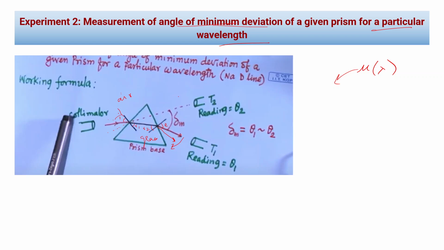When we reach this position, we have to note it down, and after that we remove the prism and note the direction of the incident light. The difference between these two angles will give us the minimum deviation. So this was what we had to do in this experiment, to find the angle of minimum deviation. This was one way to do this.